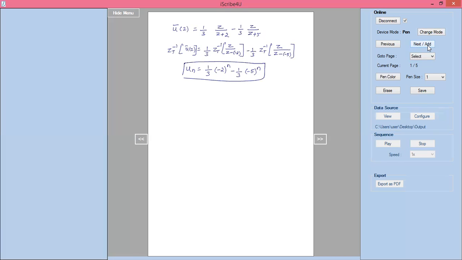Right. We'll solve one more problem in this non-repeated linear factors.